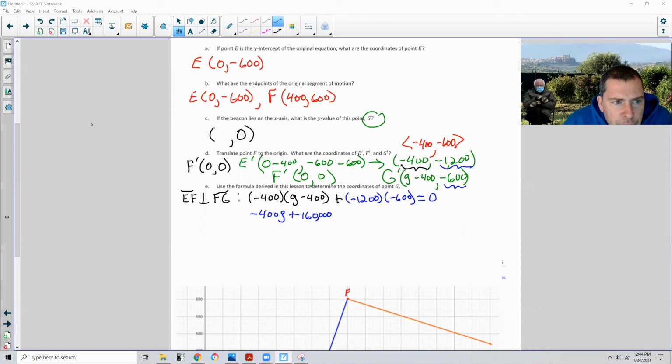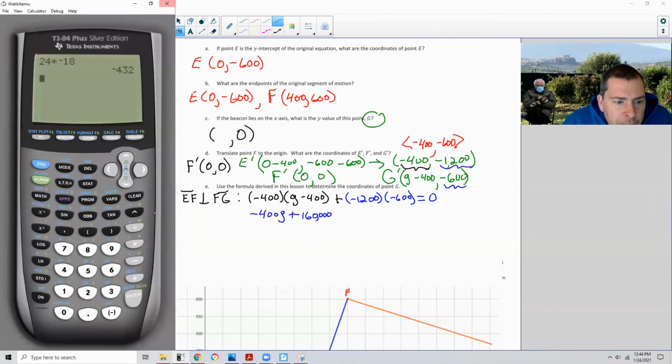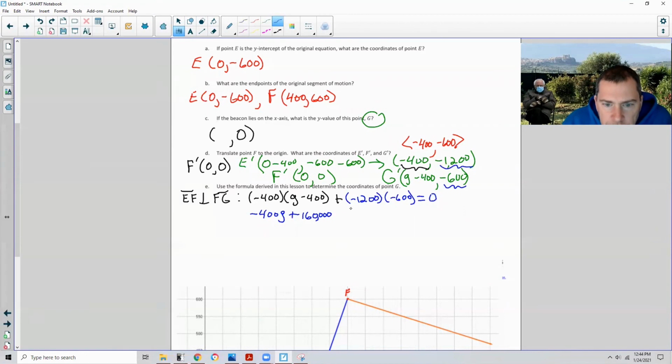Let's make sure I'm doing this right. I think that's correct, but let me make sure. 400 times 400, or 400 squared, is 160,000. Yes. Plus a negative times a negative is positive. 6 times 2 is 12. Carry the 1, 6, 7, and I have 4 zeros. Okay.